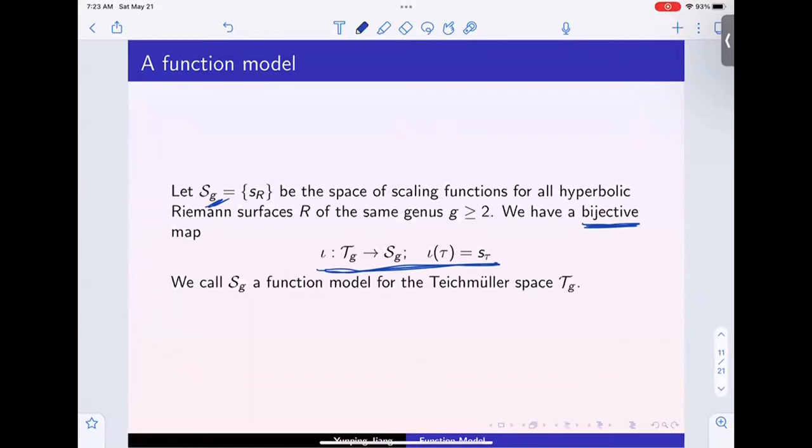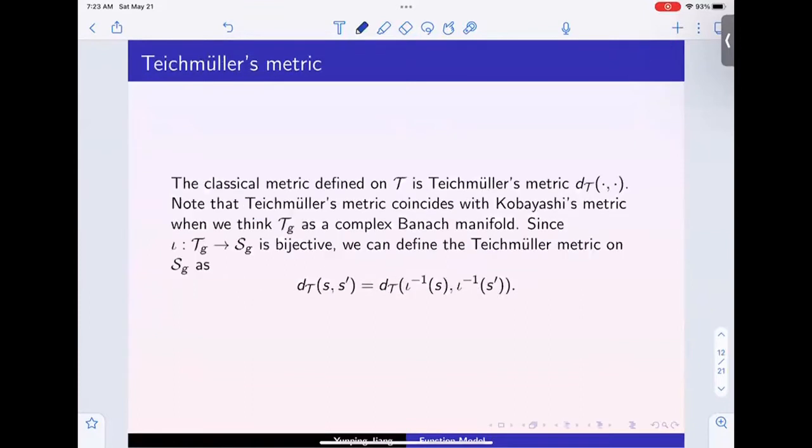So now what is useful? Let's see. First, you have a Teichmüller metric. On the Teichmüller space, we have the standard so-called Teichmüller metric, which actually is a Kobayashi metric if you think of the Teichmüller space as a complex Banach manifold.